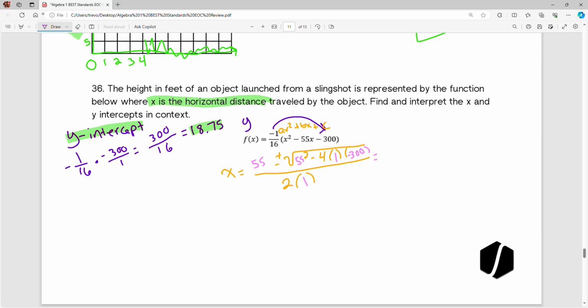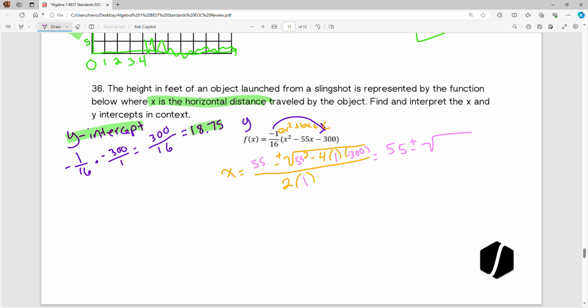Now, I've got 55 plus or minus the square root of 55 squared minus 4 times 1 times negative 300, so that'll be plus 1200. And I'm just going to put all of that on the calculator, and I want you to do that as well.